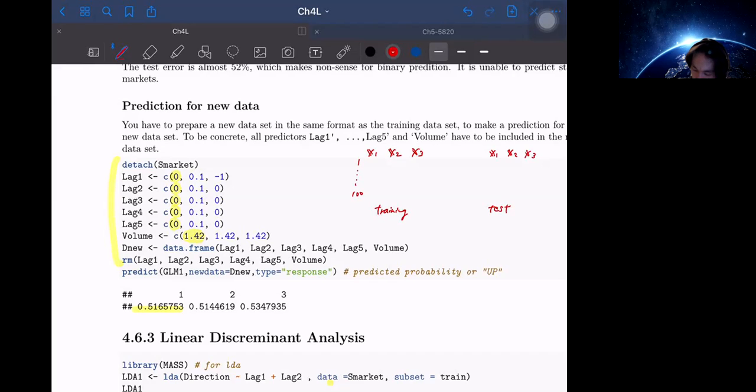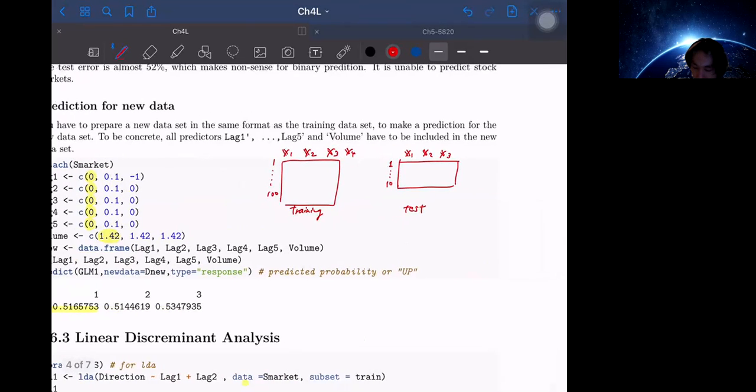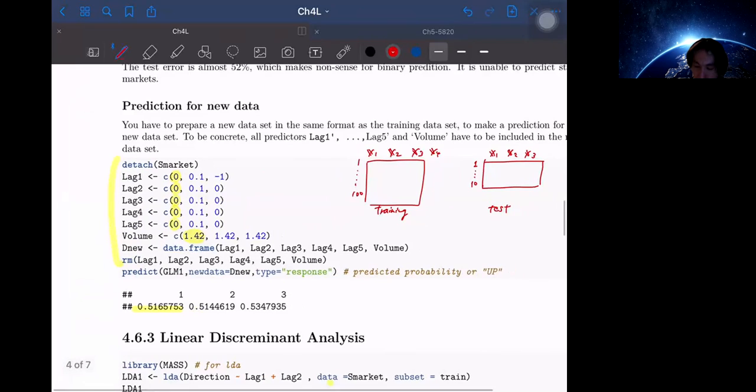Of course, we have different observations, so maybe only 1 to 10 in the new data set, but it should have exactly the same structure. If x1 is categorical in the training set, x1 also has to be categorical, and the name should be the same. Everything should be the same. Maybe the only exception is that if some columns are not used, for example, x4 is not used, it may not have to be included in the test set. But except for that, everything should be exactly the same shape.